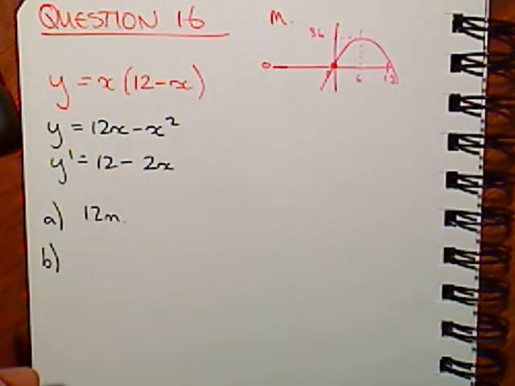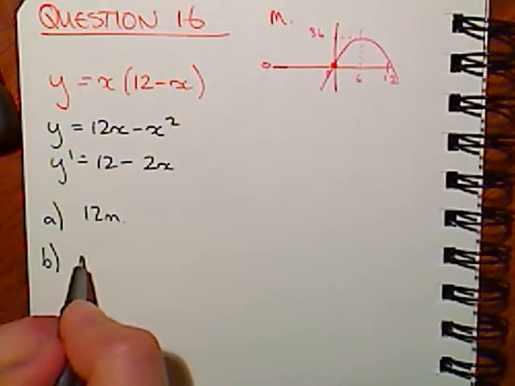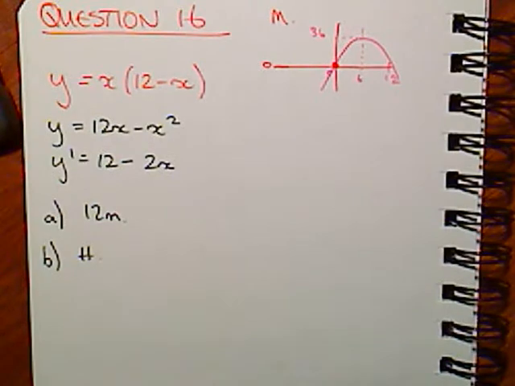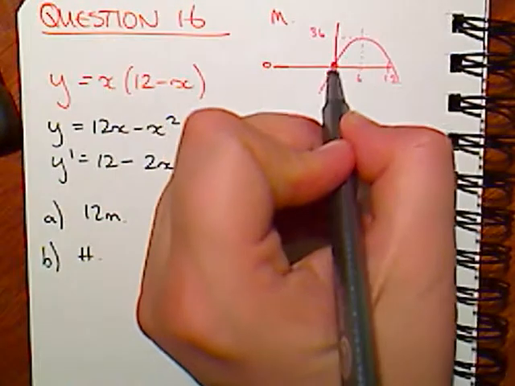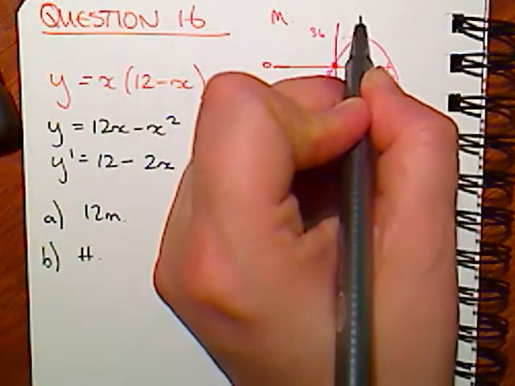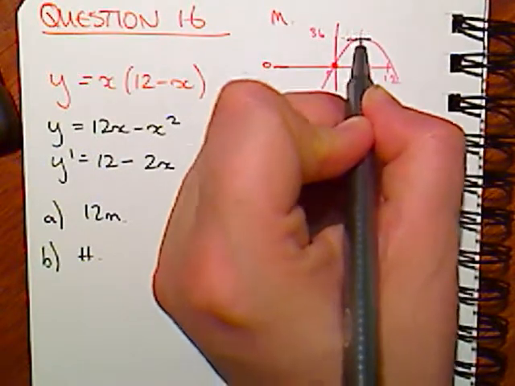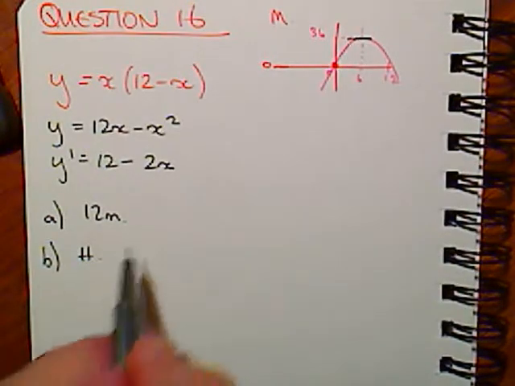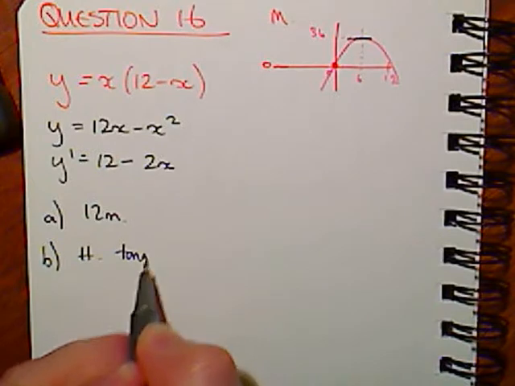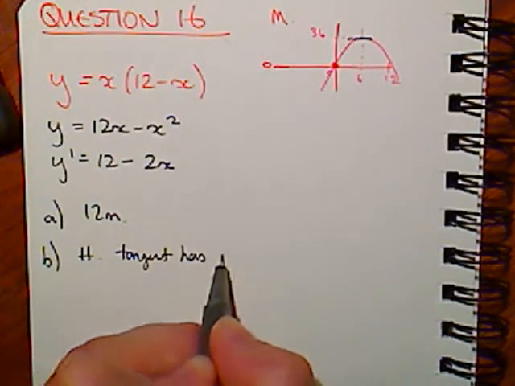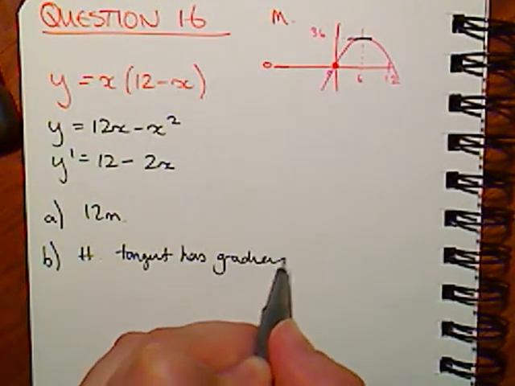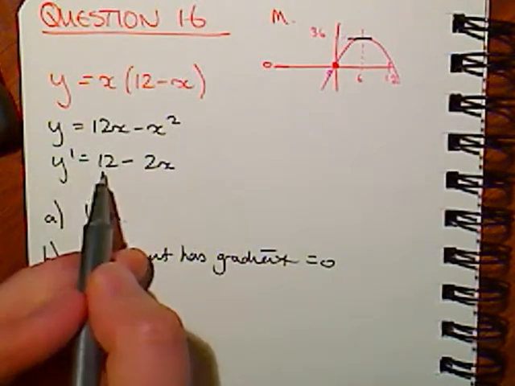Find the x-coordinate of the point H, where the direction of motion is horizontal. Direction of motion, that means, see here, it was going up, direction was up. Here is down, direction is down. Find the top bit. Find where the tangent has gradient 0. This one.